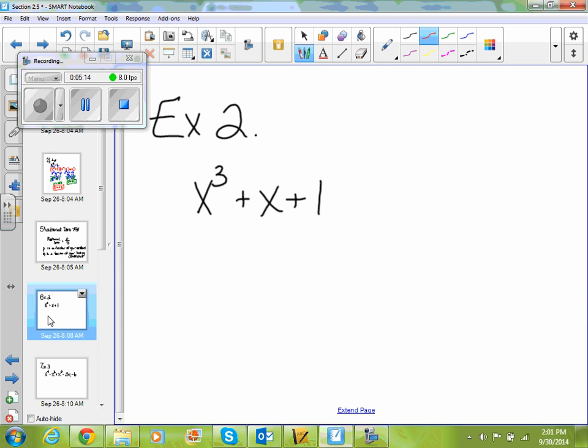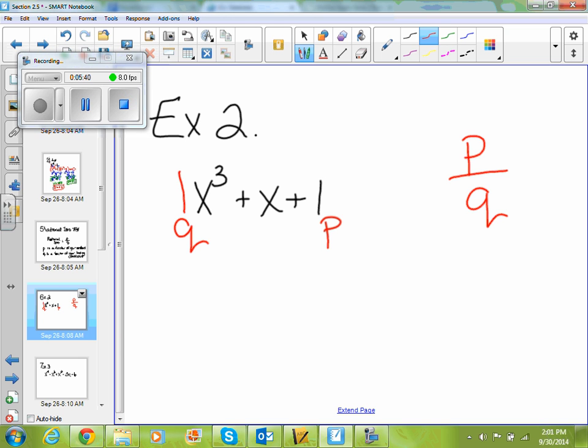Okay, so let's look at example 2 and let's figure out if we have rational zeros. Okay, so to solve our rational zeros, our rational zero test told us to take p over q, where p was your last term, your constant term, and q was your coefficient of your first term.